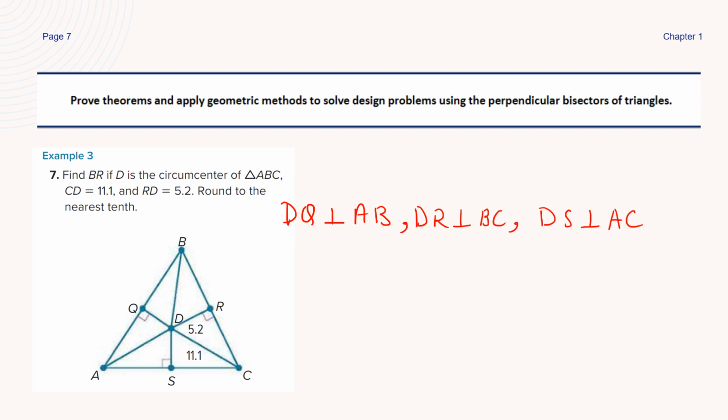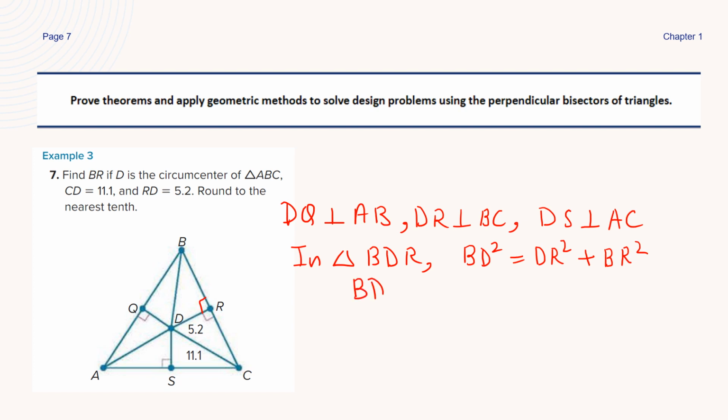Now, this is a right angle triangle, triangle BDR. Here, this angle is 90 degrees, so we can apply Pythagoras theorem. BD square is equal to DR square plus BR square. Now, you need to find BR, okay, and BD is going to be equal to DC.